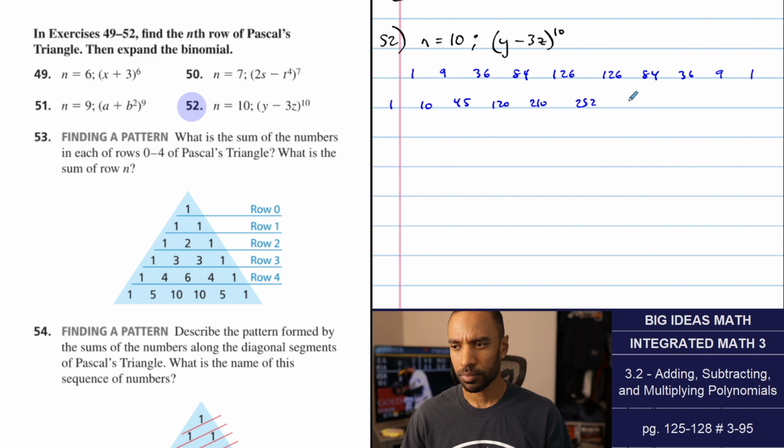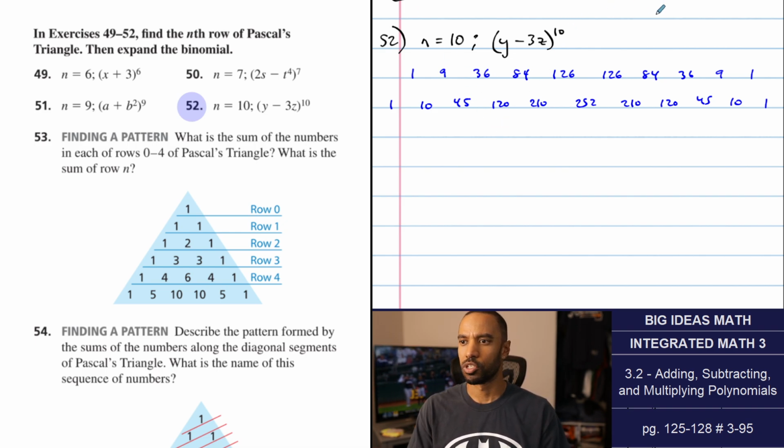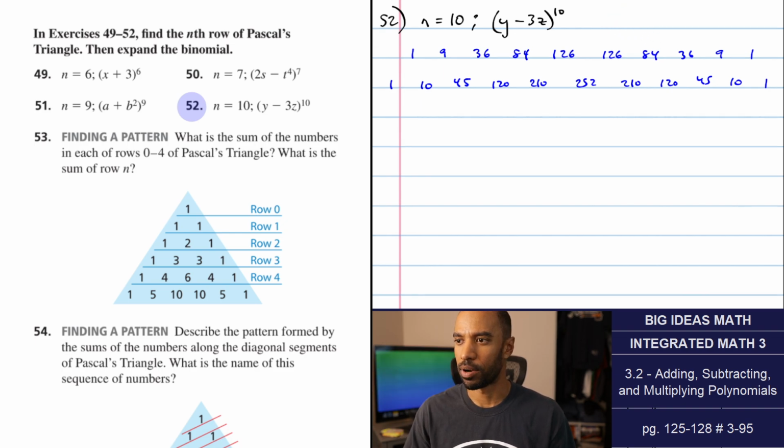Is that right? I'm going to double check this one as well. I still have that window open, but I did it for row 9. Yep, okay, there's row 10. So this time I want to split it up into 2 different columns here. So I have y.